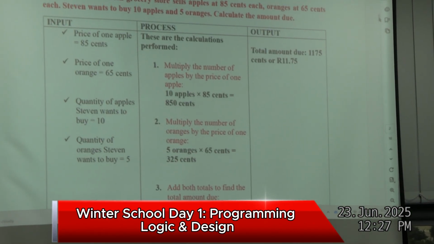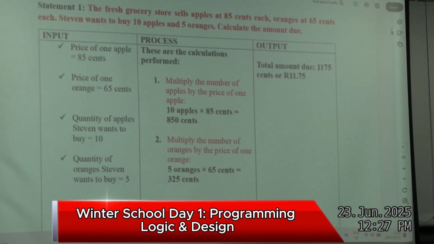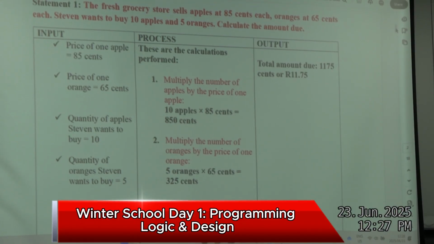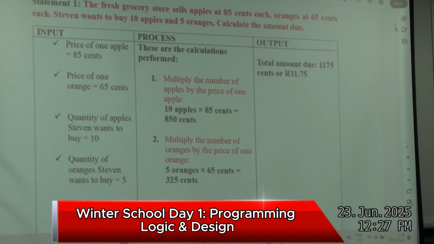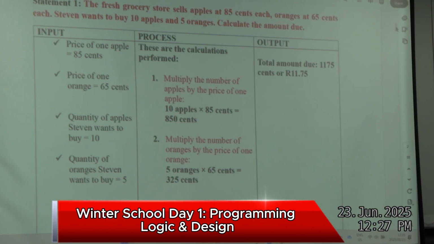An apple costs 85 cents. We take 10 apples multiplied by the price, and then you come up with the price for 10 apples. The same applies for oranges. Stephen wants 5 oranges, and the price of an orange is 65 cents. The process is 5 times 65 cents, and you come up with the price.